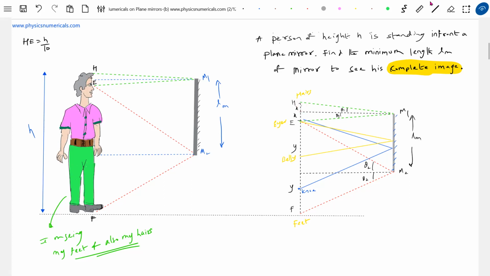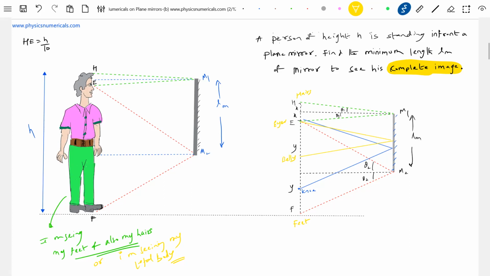So what should he comment? I'm seeing my total body.